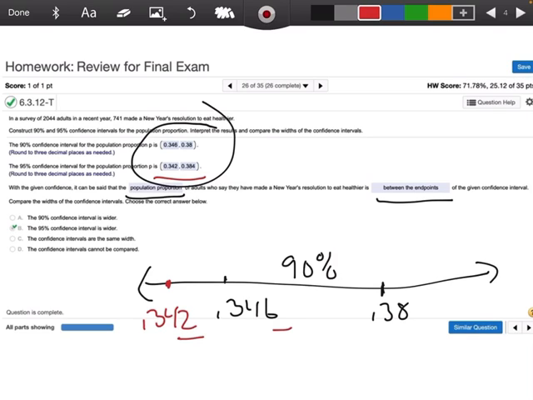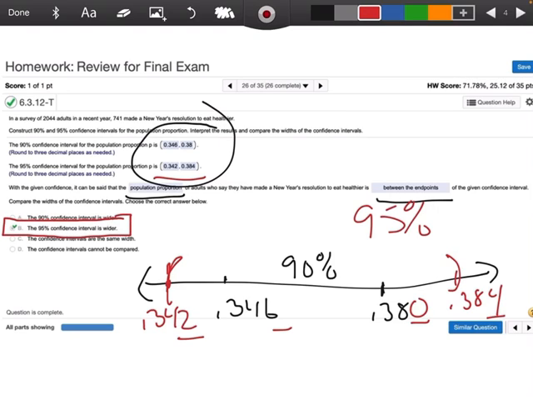Because 2 is smaller than 6. And 0.384 is going to be to the right because I can think of the number here as 0.380, and 0 is smaller than 4. And this red one is my 95% confidence interval. And so therefore we say the 95% confidence interval is wider, okay?